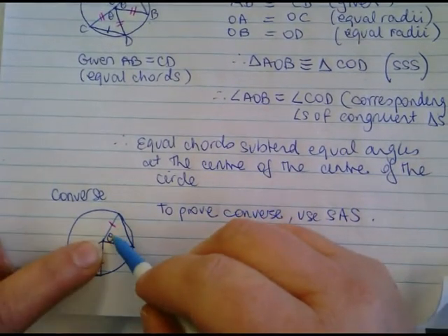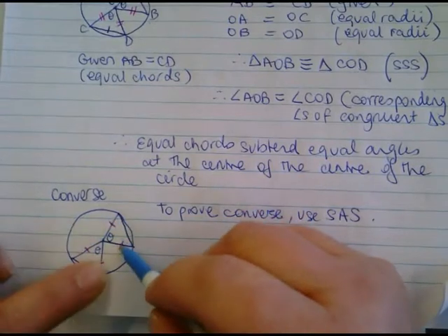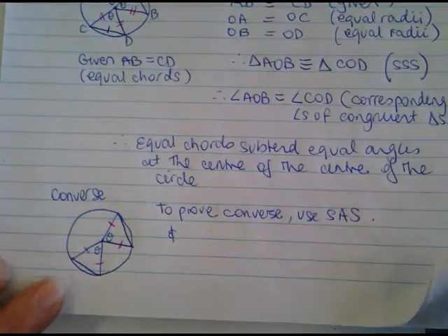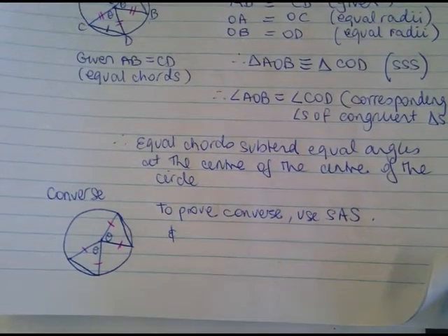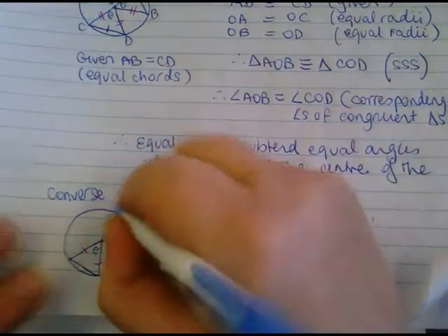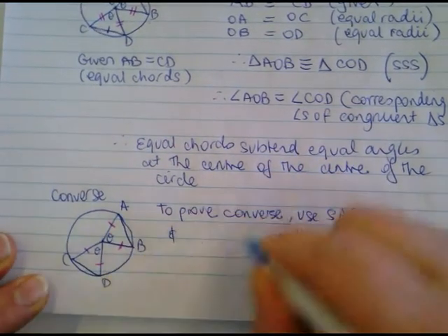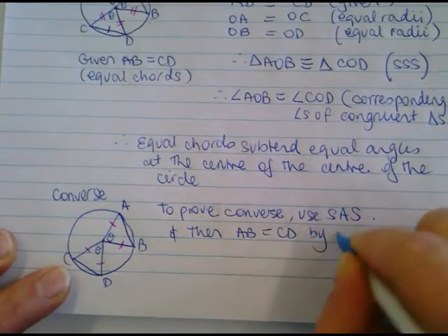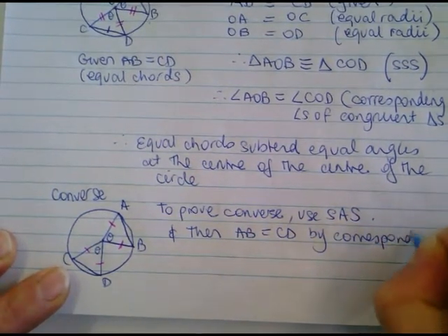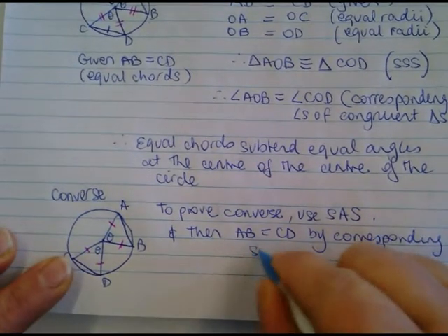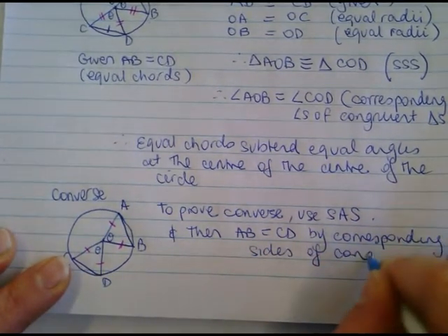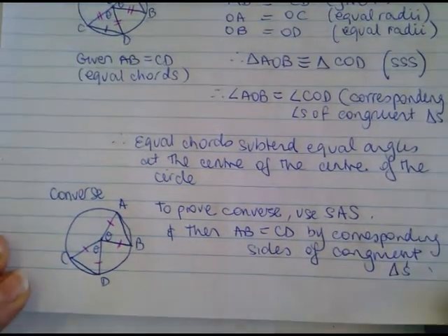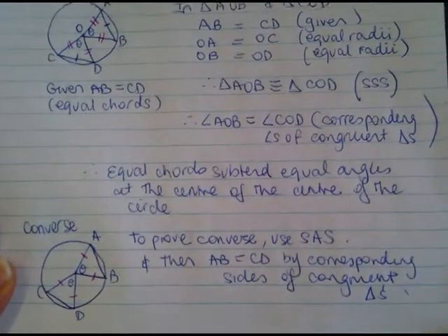Because the angle at the center is equal, radii, SAS, and then you would have matching or corresponding sides of congruent triangles. And then AB equals CD by corresponding sides of congruent triangles. But you don't have to do that proof. All right, just showing how you would prove the converse theorem.